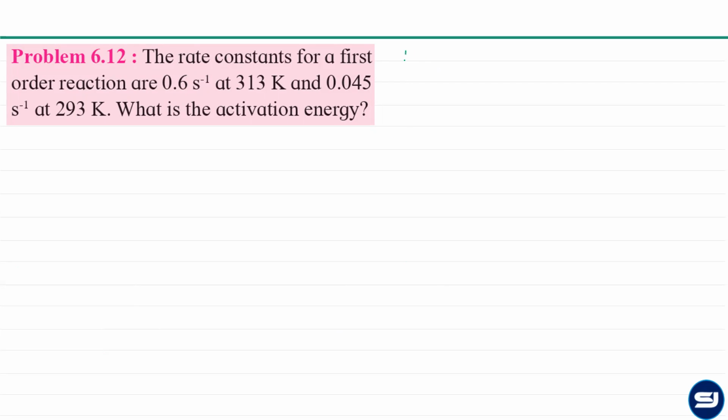First, the Arrhenius equation in the exponential form was given as rate constant K is equal to A into e raised to minus EA by RT, where A is called the Arrhenius factor or pre-exponential factor or frequency factor.